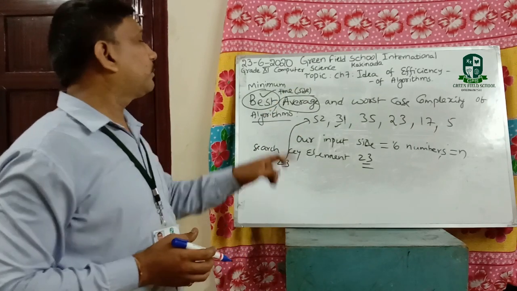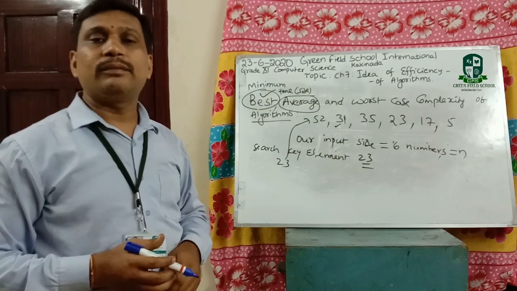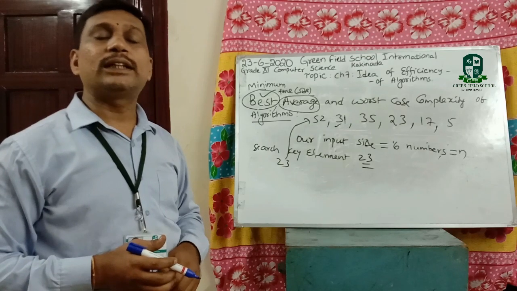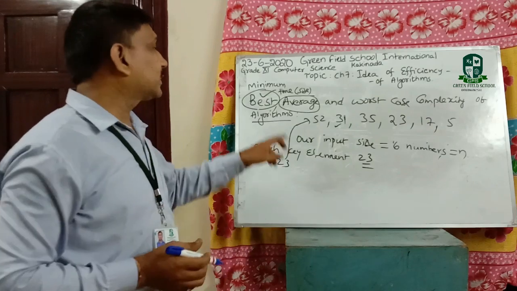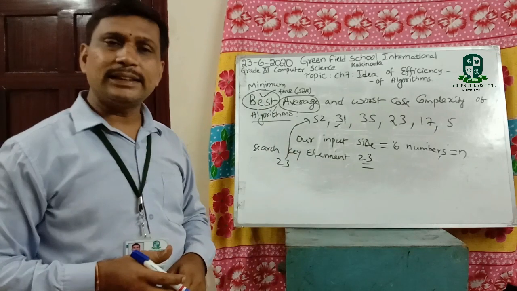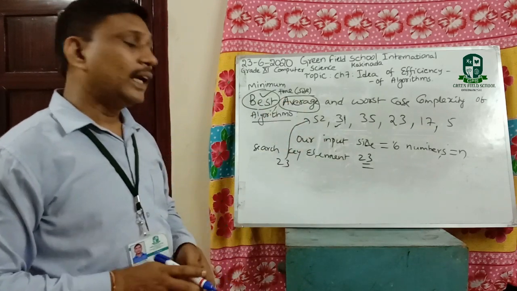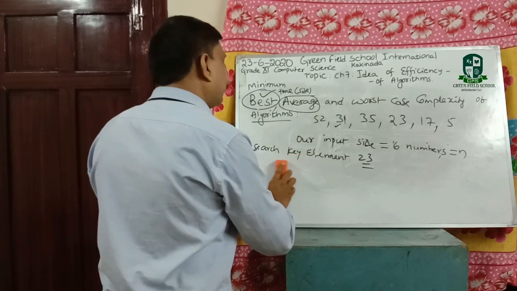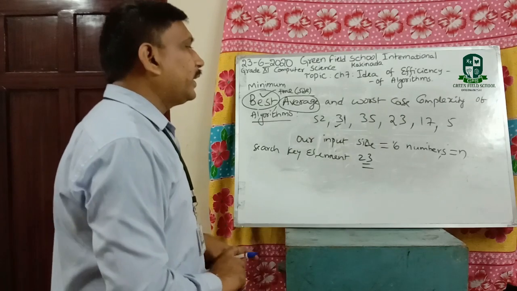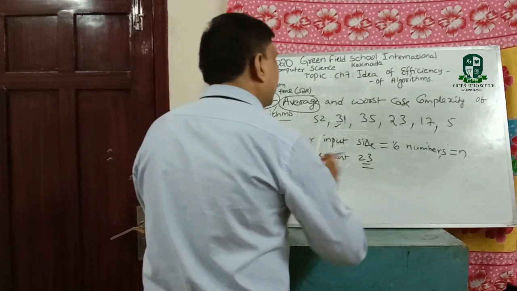So the minimum number of steps taken to solve the problem is called the best case. This one is the average case. And the worst case is, suppose I am searching here, my search element is 5.